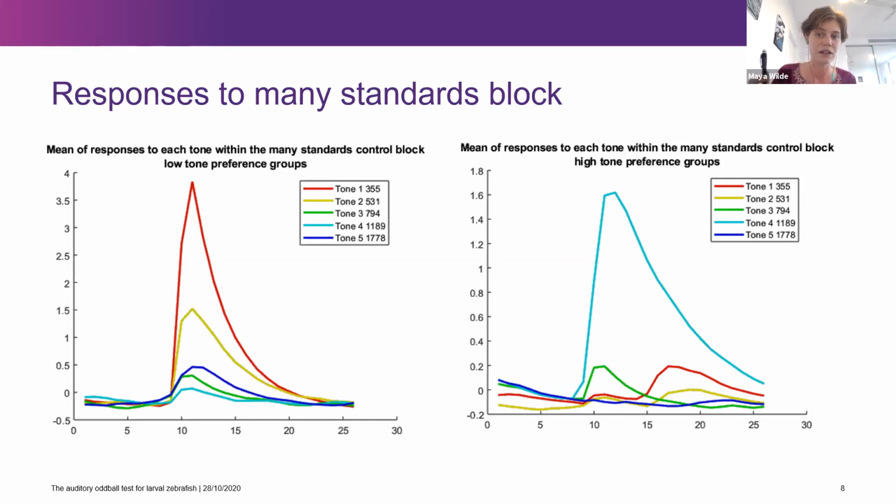That's why I chose 531 and 1189 hertz, because the hearing range is best between about 400 and maybe 1300. Then they're evenly spaced logarithmically, including the control tones.